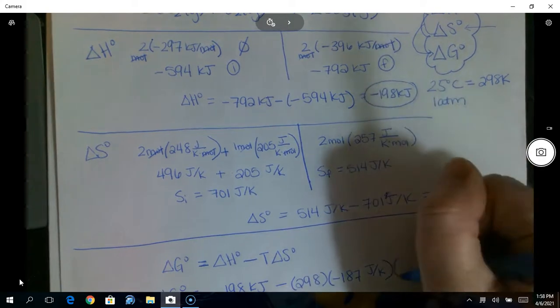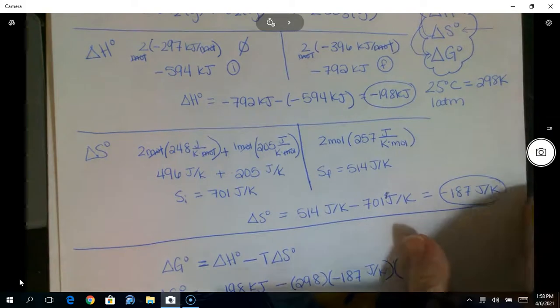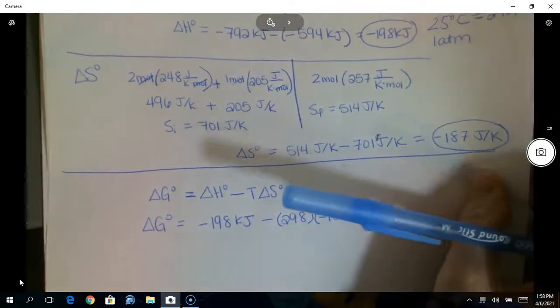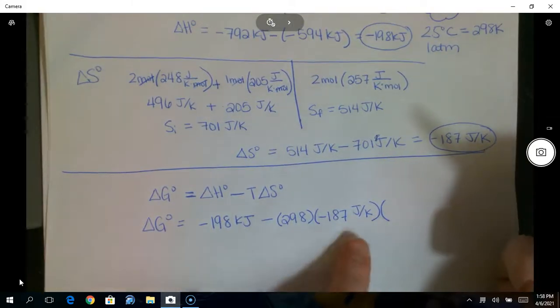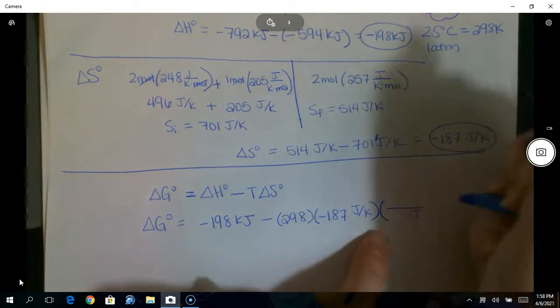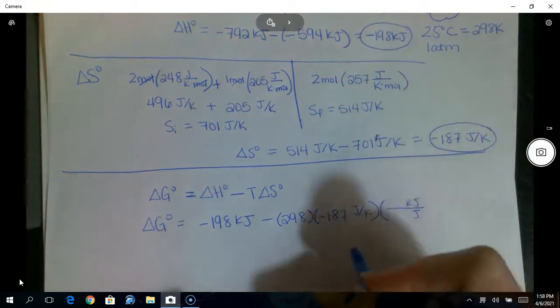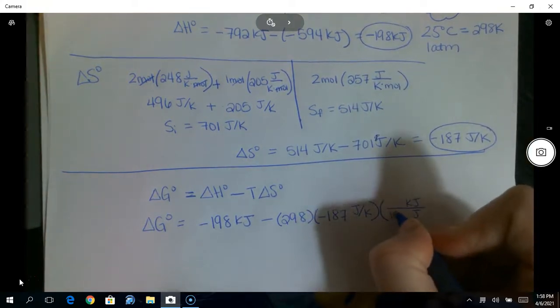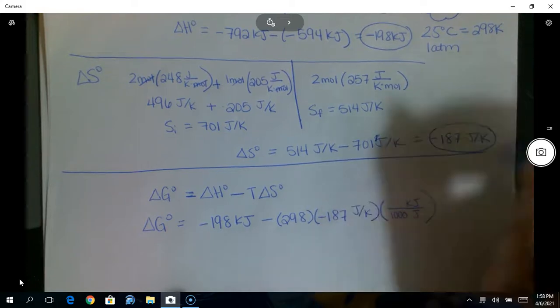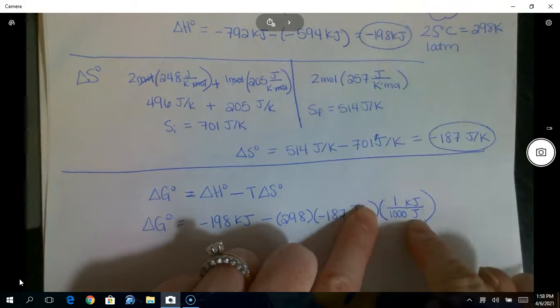So I'm going to add a conversion factor here. That means I'm going to multiply it by something that's technically equal to 1, so it doesn't actually change our value. This has joules on the top, so I want joules on the bottom. But I want this to be kilojoules. Kilo is the same as 10 to the third, or 1,000. So if I put 1,000 on the bottom, then these two things are the same. 1 kilojoule is the same thing as 1,000 joules.